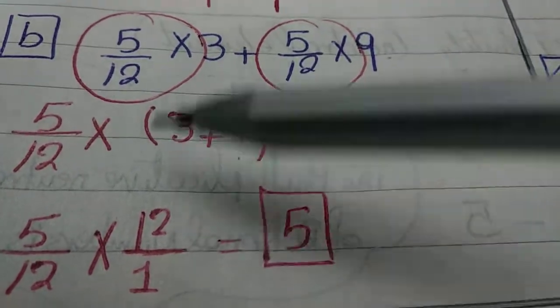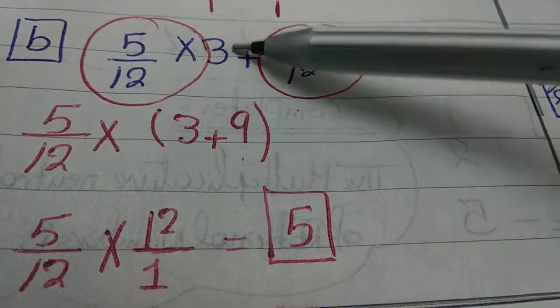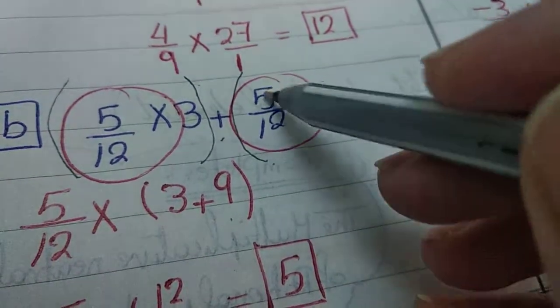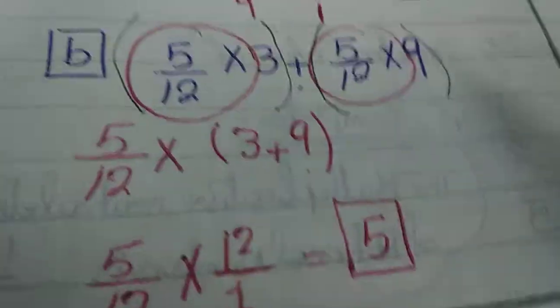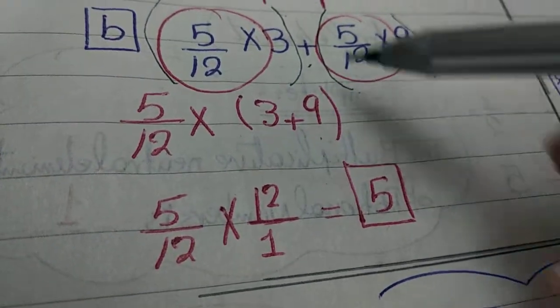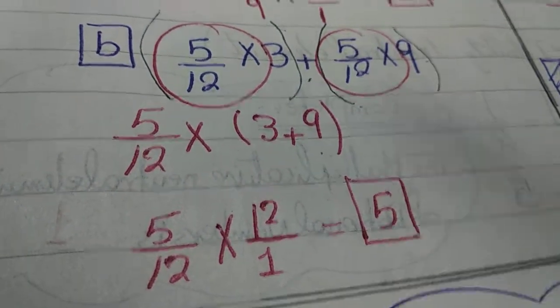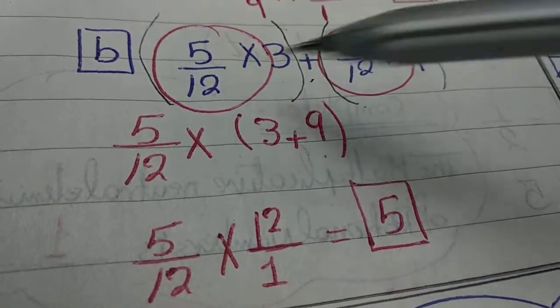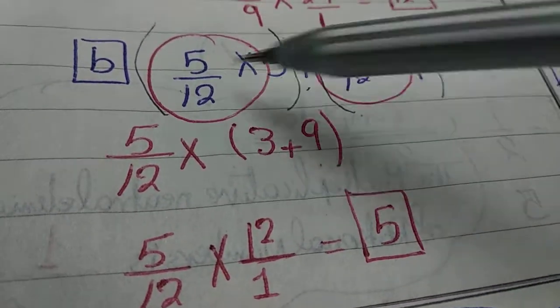Example B. 5 over 12 times 3, this is the first group, plus 5 over 12 times 9, this is the second group. Okay? Now, I will take the common number.